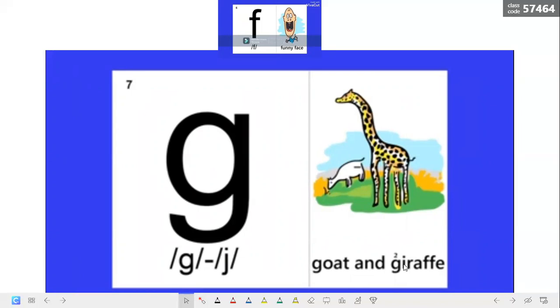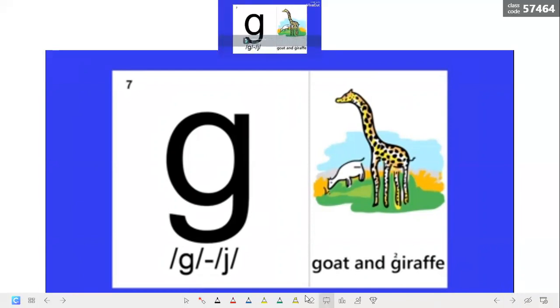The second one is followed by I, and it is pronounced soft je, giraffe. And the letter G is pronounced softly when it is followed by I or E or Y. Okay, and we'll talk about these rules when we go to the spelling rules soon.